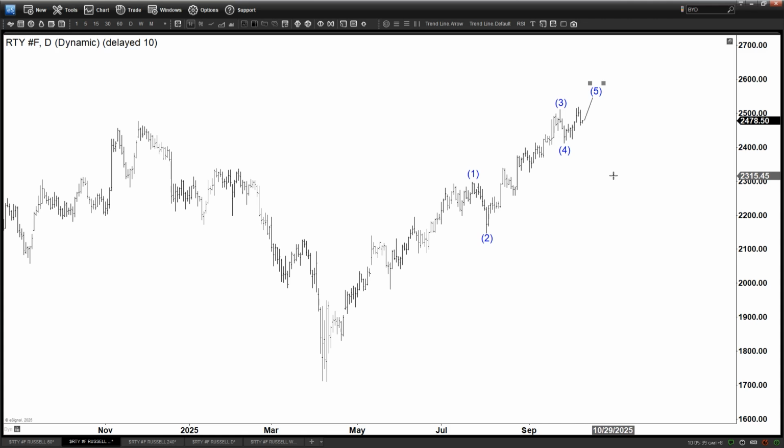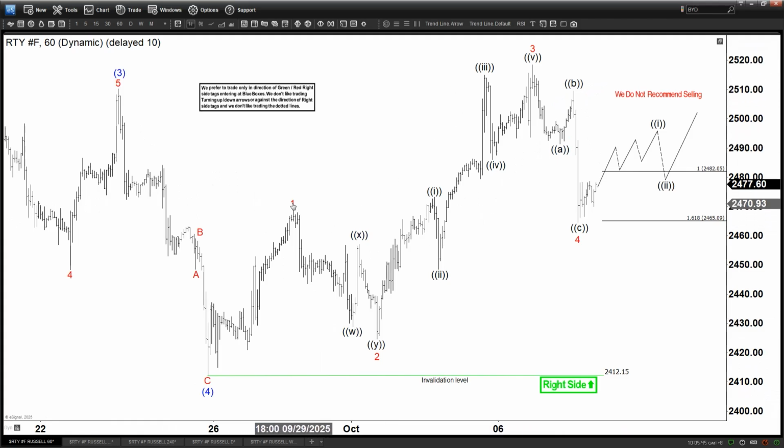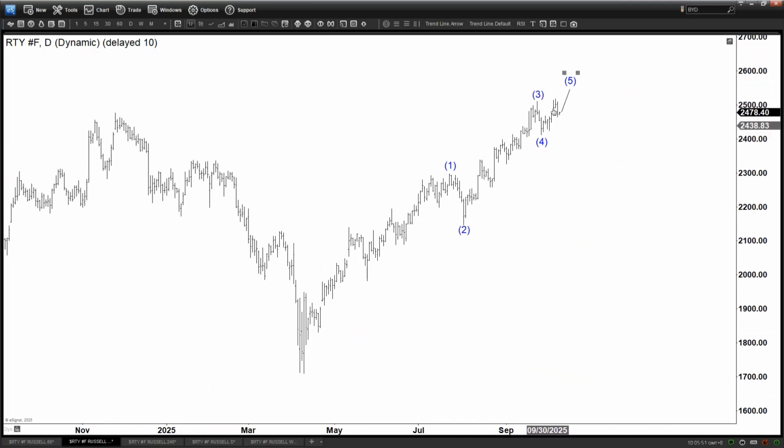Now a couple of possible alternates. Instead of finishing 5 in blue here, we could actually continue to extend higher. In other words, instead of ending 5 in blue as a 1, 2, 3, 4, 5, that could be only ending 1 or 5 and continues to go up like this before finishing 5 in blue, right?